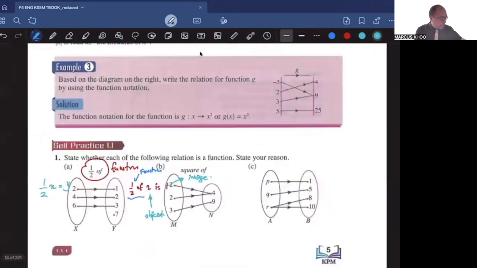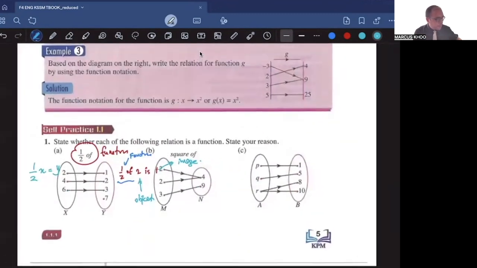In the example just now, since half of the object is this, I'm going to call this f(x). Let's say I call the function f. The function of an object equals the image. So our function will be half x, like that.